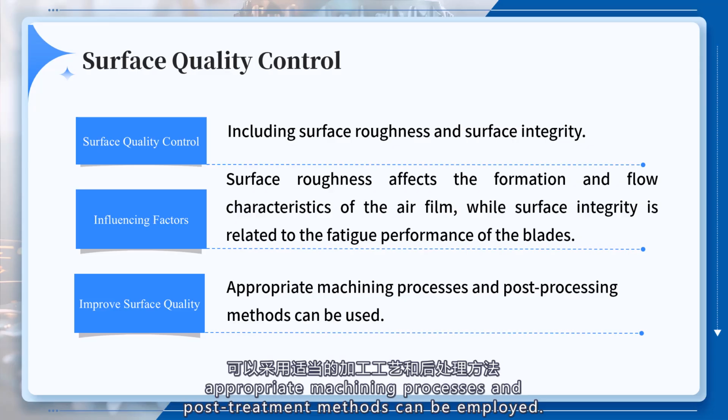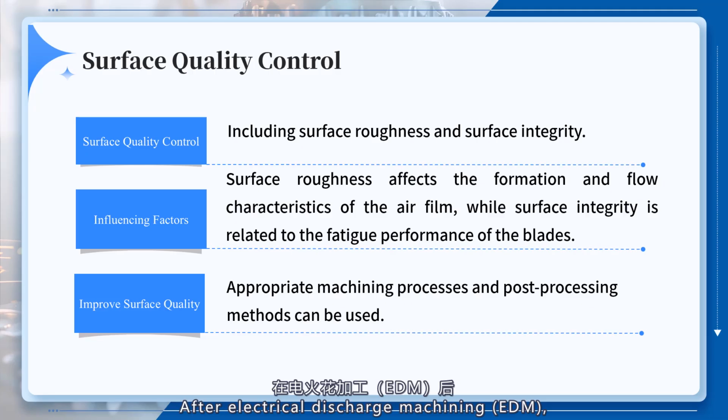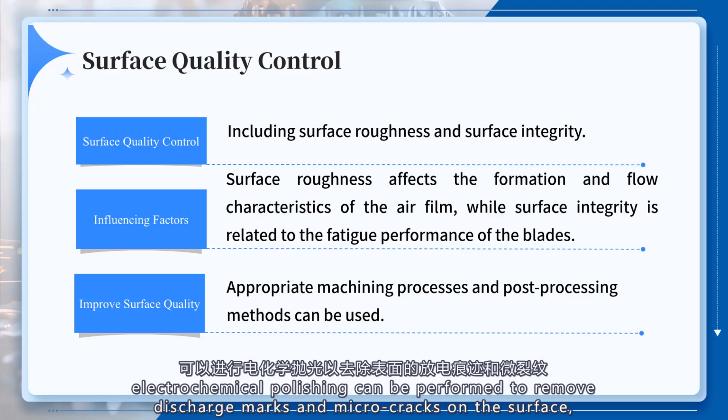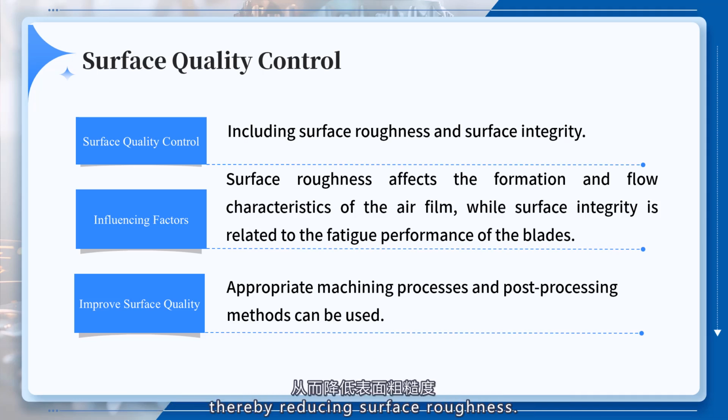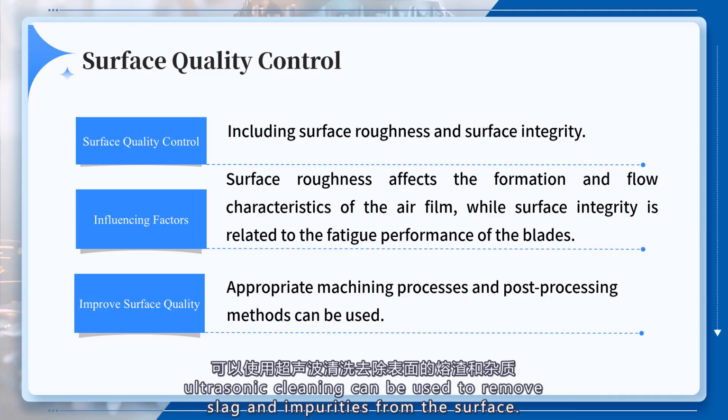After electrical discharge machining, electrochemical polishing can be performed to remove discharge marks and microcracks on the surface, thereby reducing surface roughness. After laser machining, ultrasonic cleaning can be used to remove slag and impurities from the surface.